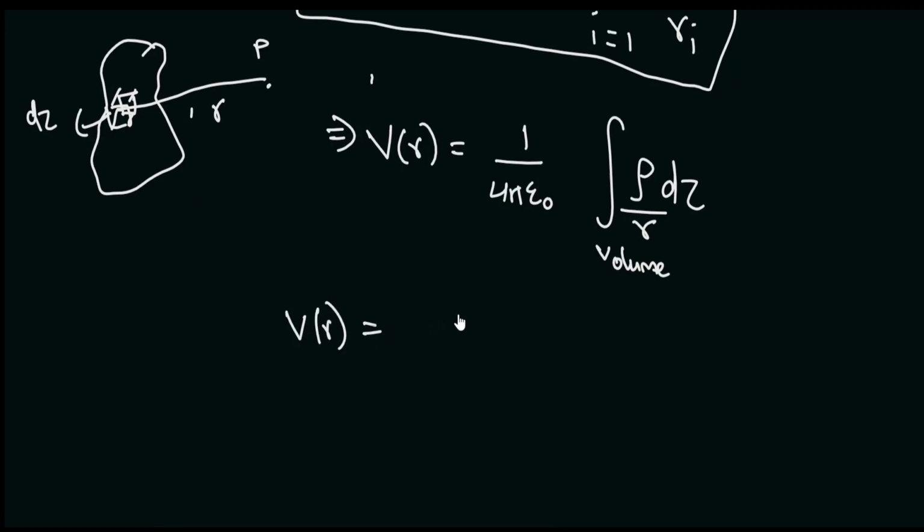So the potential due to a continuous source of charges would be 1 over 4 pi epsilon naught integral of rho d tau over R, and we integrate this over the entire volume.